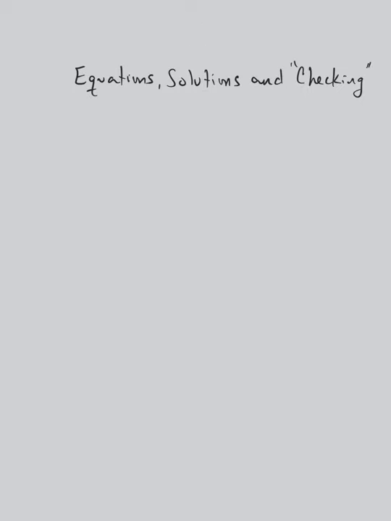All right. An important part about all this deals with what are called equations and solutions and checking solutions. Okay. So first of all, whenever you see this term equation, that's different than an expression, and it'll be important as you go through different math sections or classes to distinguish between what makes something an expression and what makes it an equation, because there's different things you can do with an equation that you can't do with just an expression.